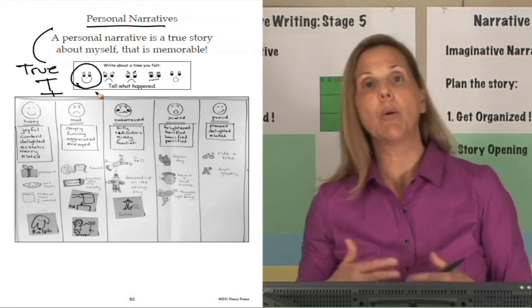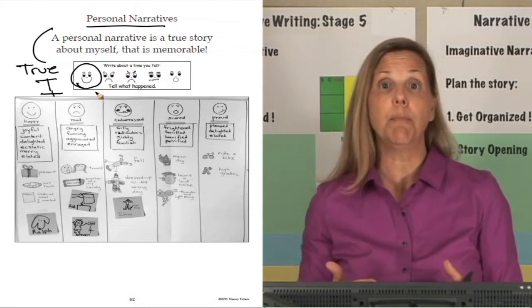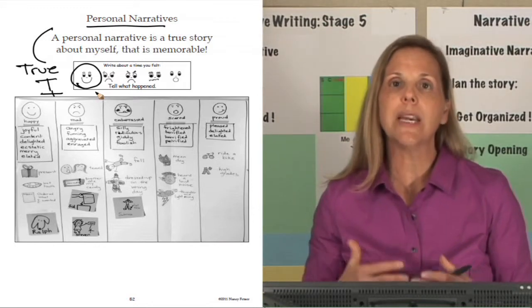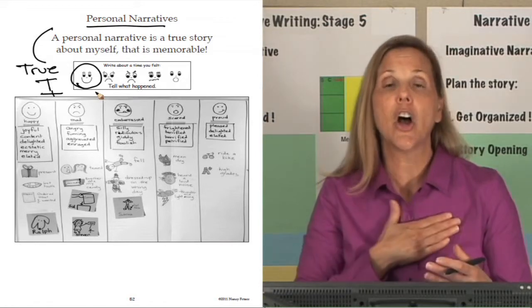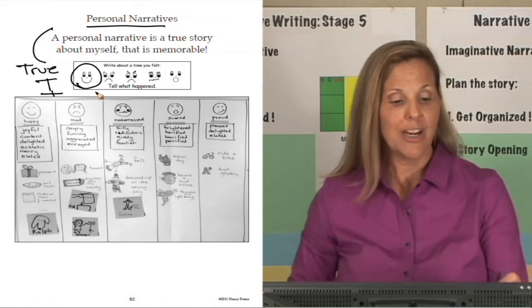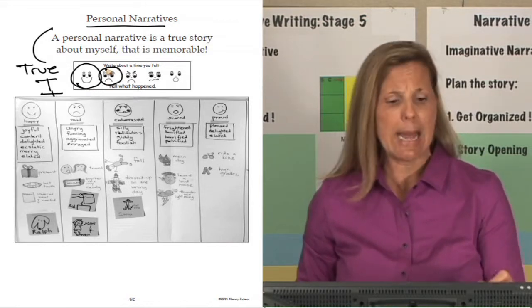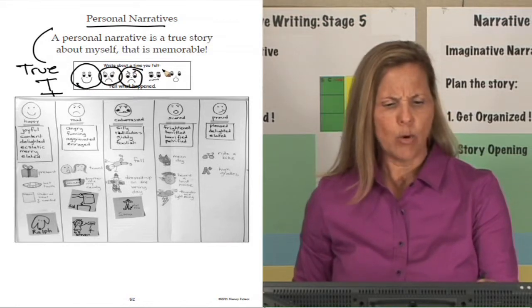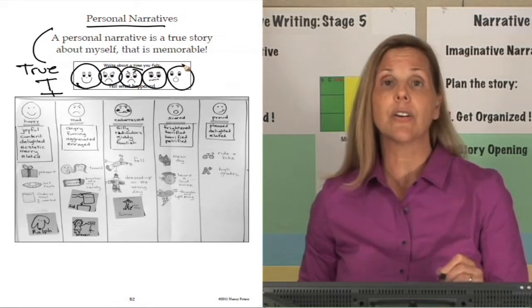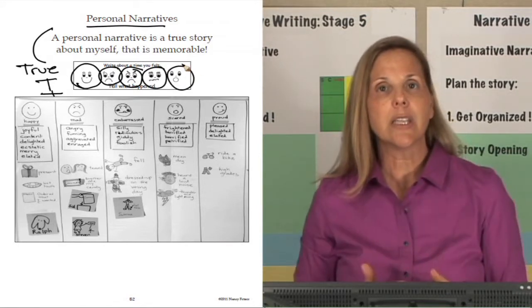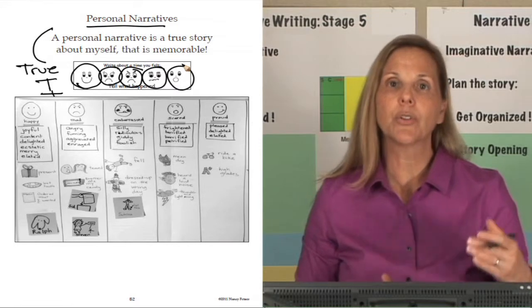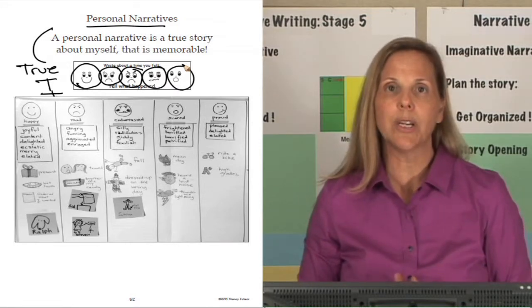I'm not just telling you I woke up, I had breakfast, and I went to sleep. I'm telling you a story because something happened to me and caused me to have an emotional reaction. It could be something that made me happy, something that made me sad, something that made me mad or embarrassed or scared. These are the reasons why we tell personal narratives and why they're important to us.